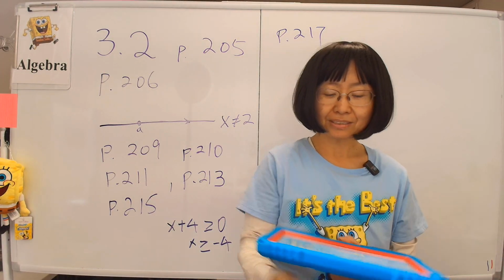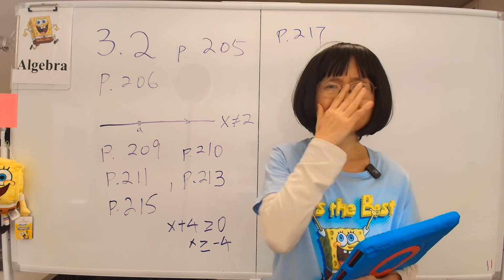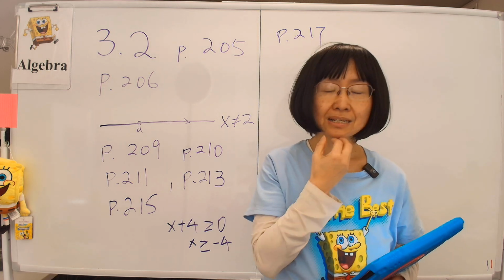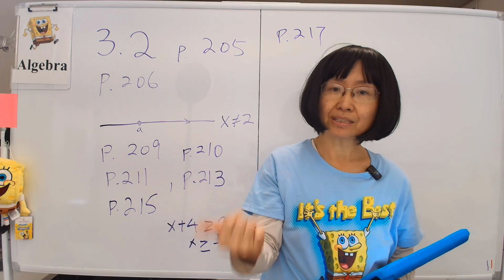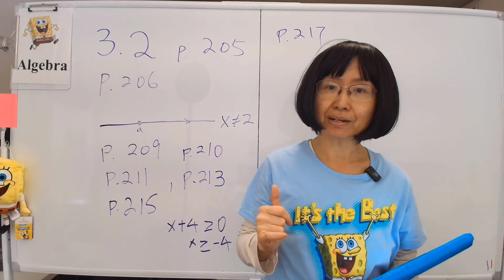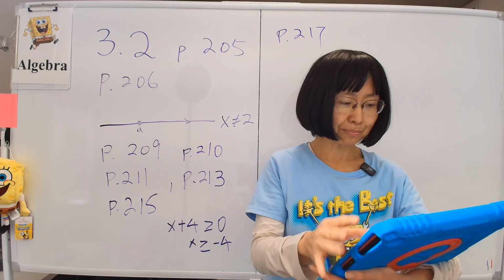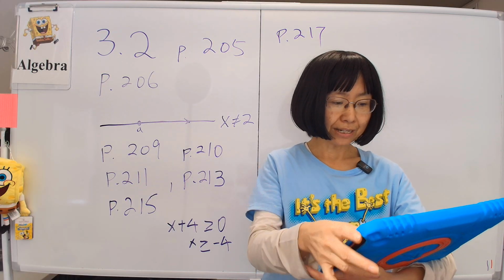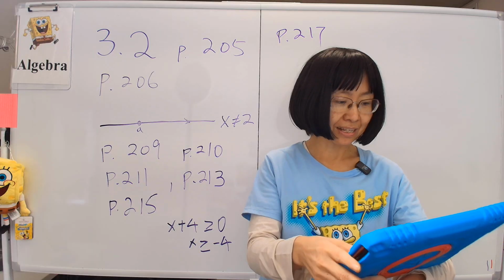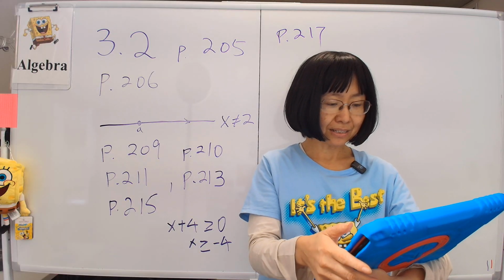So up to 10 guys, the cost is $5 per person. Any more than 10 guys is capped at $50. So that's the example of a piecewise function, and that's how you write it. And that is example 11. So next, let's look at the next example.